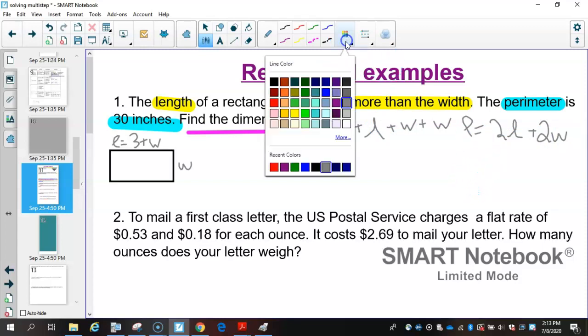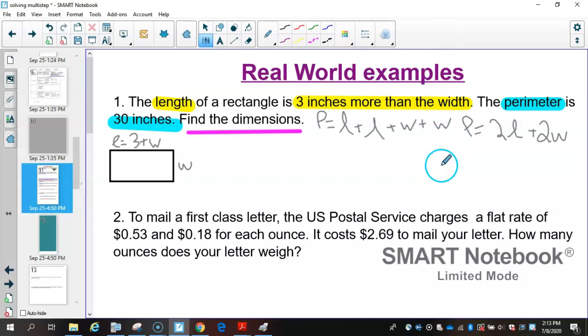Now, let's put in what we know, or substitute in things we know. We know the perimeter is 30 inches. We don't know anything about the width, but we do know that the length is 3 plus W. Now, you may have not done this before, but it's going to be very similar. Think back to when we were evaluating and what that meant. We took whatever, let's say evaluate x for 3, or something like that.